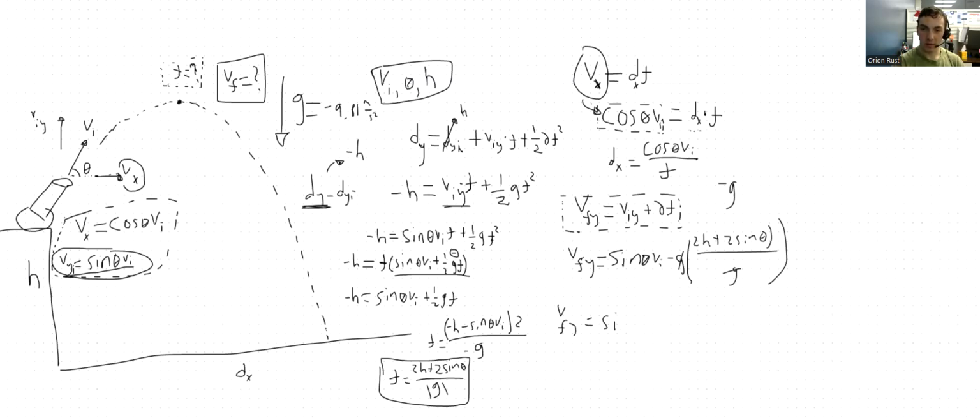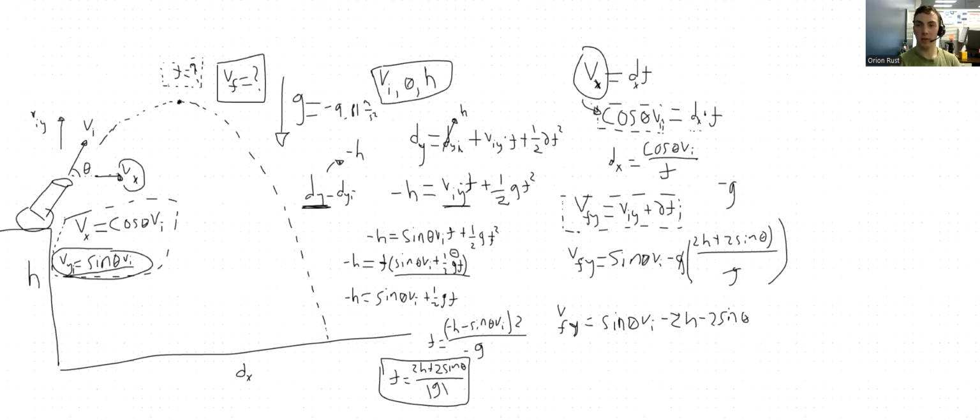I was about to teach some false doctrine. Sine theta VI minus 2H minus 2 sine theta. That's our VFY in the Y direction. Cool.